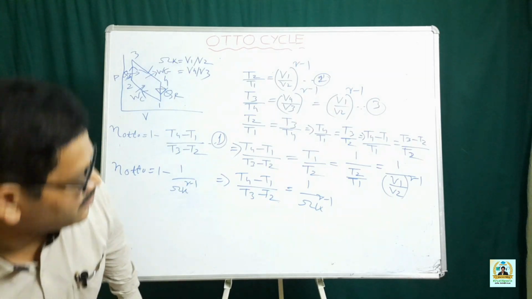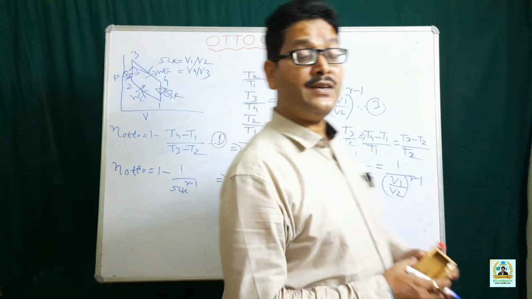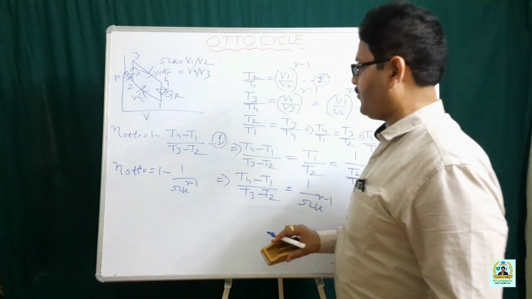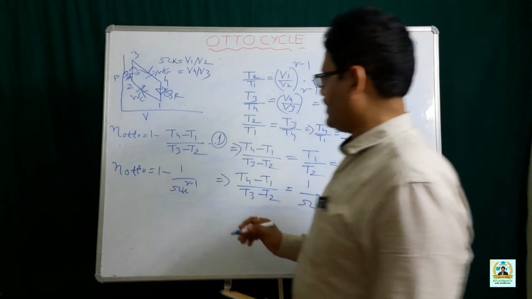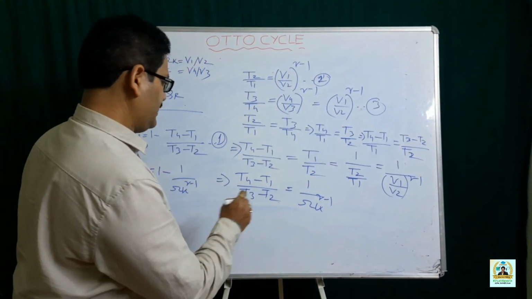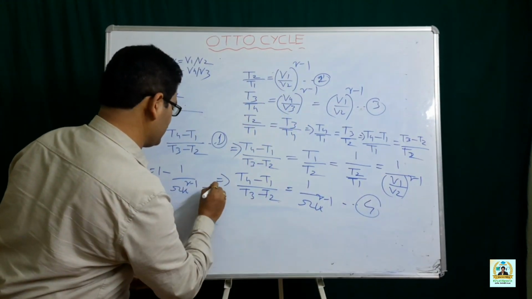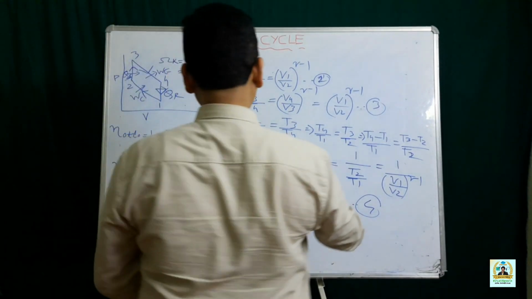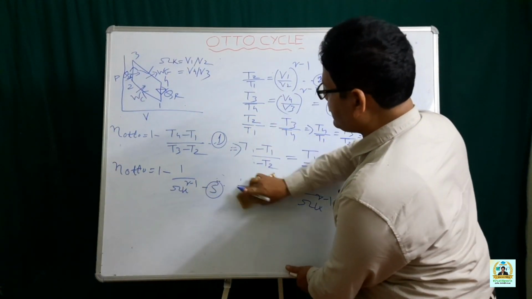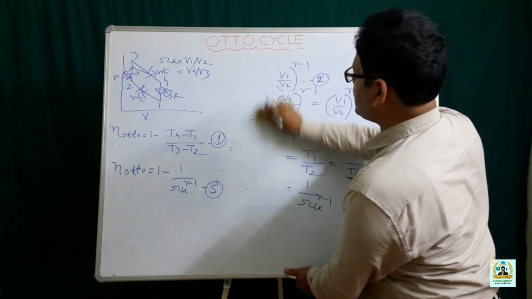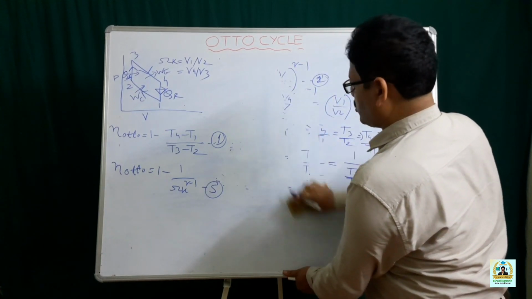The next thing that we are going to discuss is how can we improve the efficiency of an air standard cycle. You can denote this as equation 4 and this as equation 5. So equation 1 and 5 represent two expressions for the air standard efficiency of an Otto cycle.